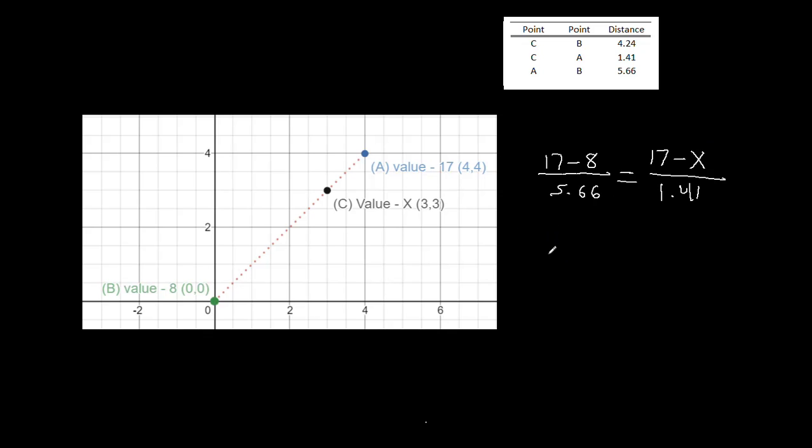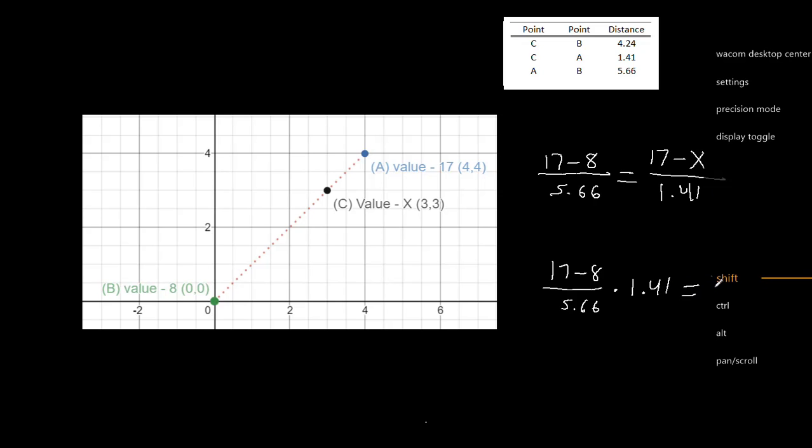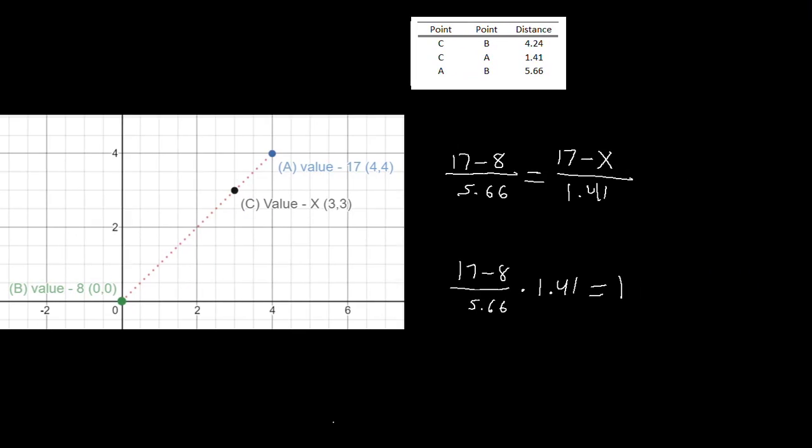So now we're just going to solve for x. I'm going to do 17 minus 8 over 5.66, multiply that by 1.41, and that is equal to 17 minus x.